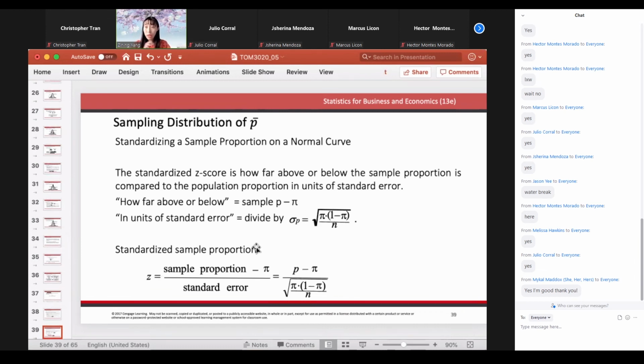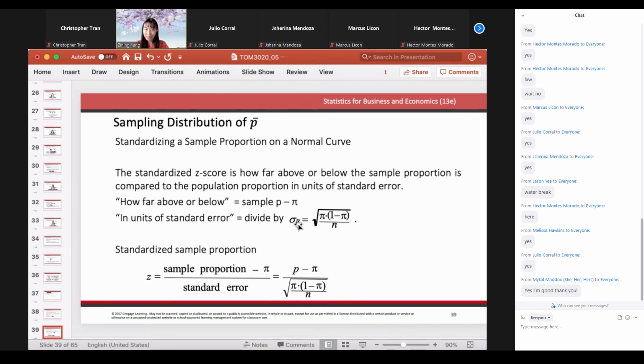So when we calculate the z-score, it's the same logic: we measure how far above or below the sample proportion is compared to the population proportion, which is the mean of the sample proportions, in units of standard error.